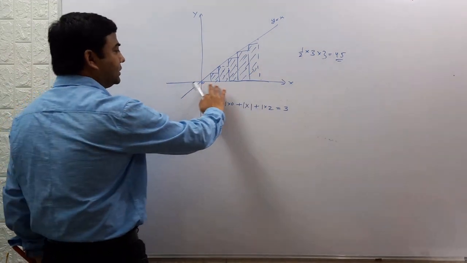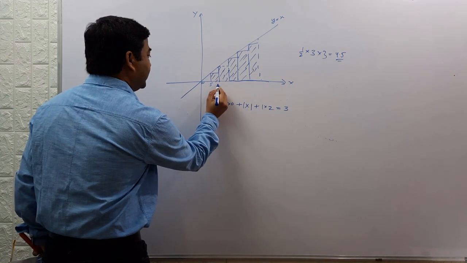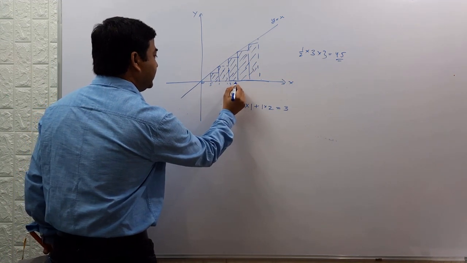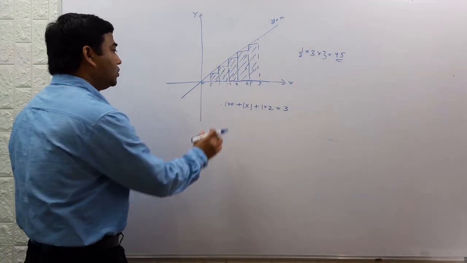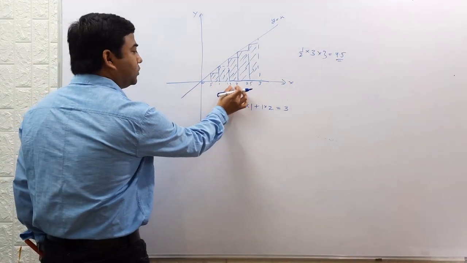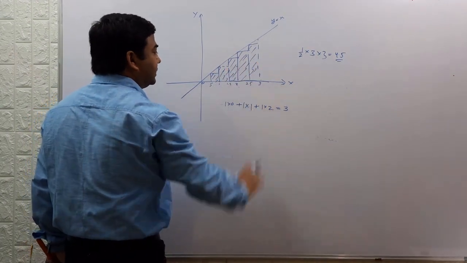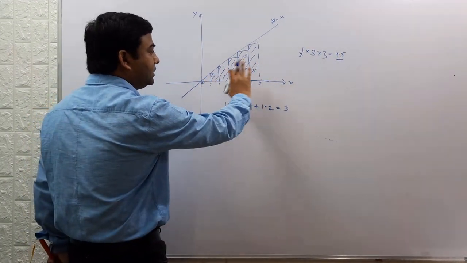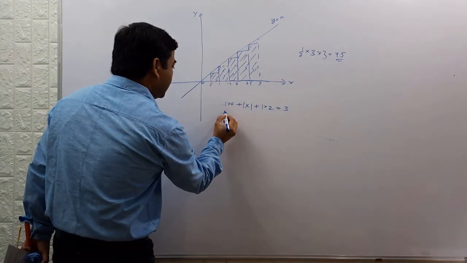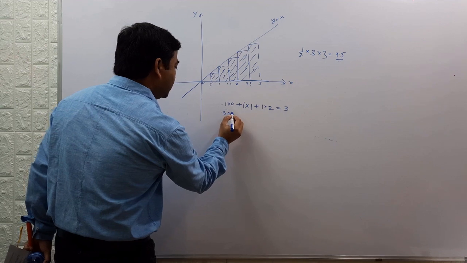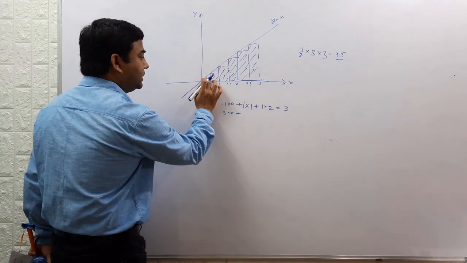You can see the number of triangles has increased: 0.5, 1, 1.5, 2, 2.5, 3. All the widths are 0.5. So let us calculate the sum of the areas of these small rectangles. 0.5 into 0 plus, we will not consider this as a rectangle, so the area of this is 0.